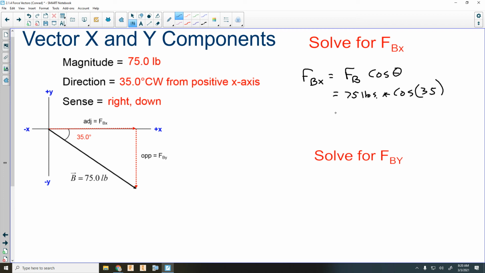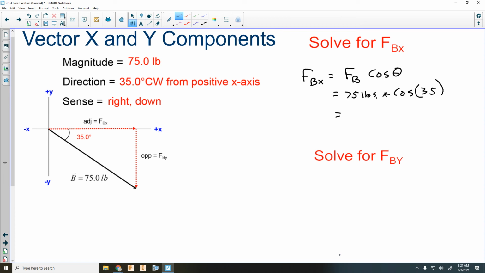Now, of course, one important thing you have to do is check your calculator. Make sure you're in degrees. The default on a calculator is radians. In pre-calculus, you start going back and forth between radians a lot. You have to go into mode on your calculator.